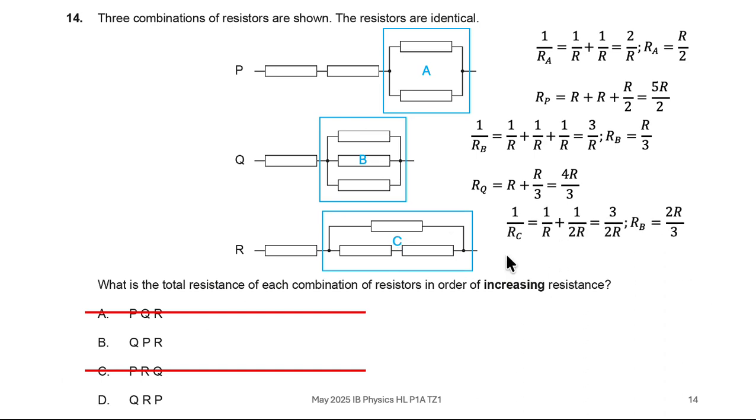I've got RC, 1 over RC is 1 over R, that's on the top branch, plus 1 over 2R, which is the branch on the bottom there, which is going to give me 3 over 2R. Okay, we're just going to remember to invert that, and then I'm going to remember to add R, which is R plus 2R over 3. I'm very bored of the letter R now, and hopefully now you can see. There we go. We've got a 5R over 2, a 5R over 3, and a 4R over 3. All right, which means that D is the answer.